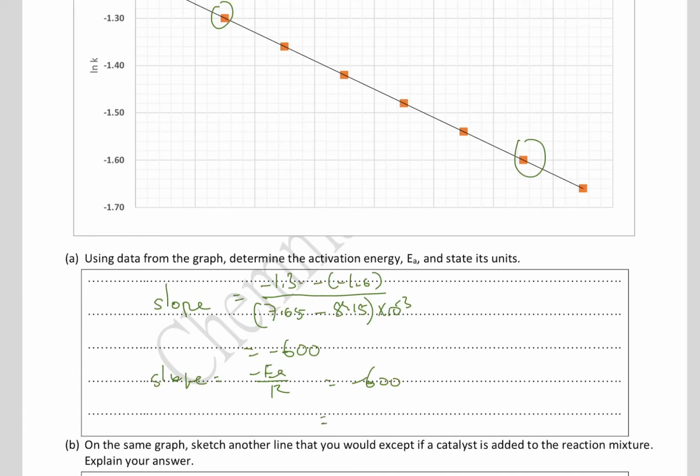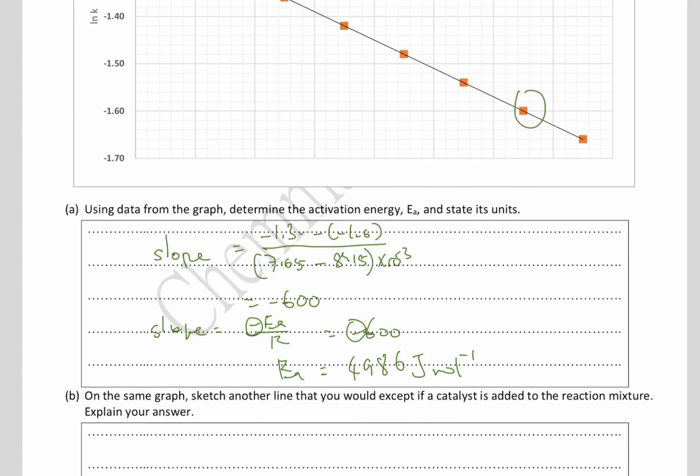Then we have 4986, and the unit will be joule per mole. Whenever we're using R, the unit is joule per mole. And then the minus sign is already cancelled out by the minus sign here. So the answer for the activation energy will be just here.